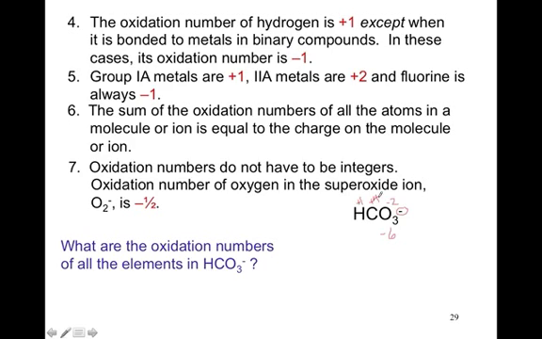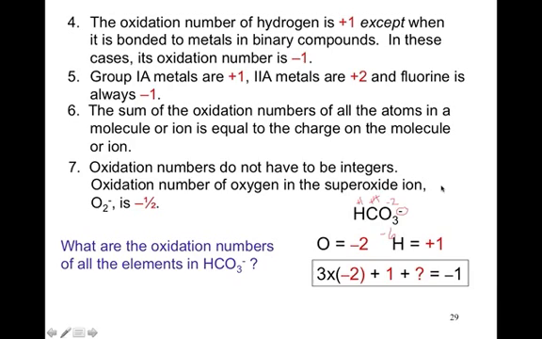And so we've got +1, +4. That makes +5, -6, -1. And that's the charge on the whole ion. So we really only knew 1 to start with, and we figured out the rest just by pretty simple math. So oxygen's a -2, hydrogen's a +1. They set up this neat little algebra doodad, and carbon's 4. Great. So we were right.